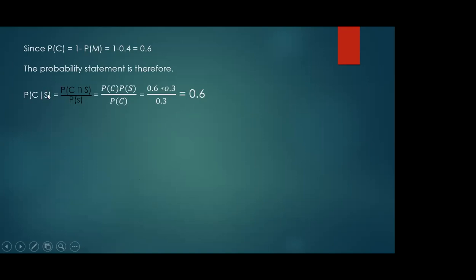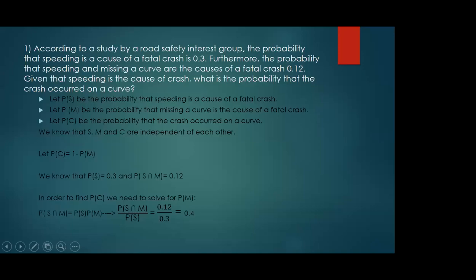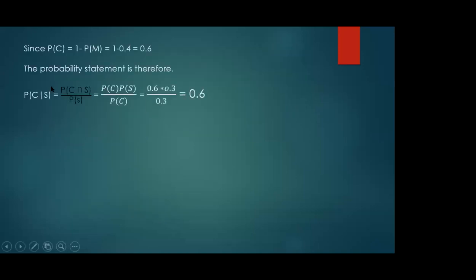Given that speeding is the cause of the crash, what is the probability that it happened on a curve? Remember that the only way the crash occurred on the curve in this statement is because the person was speeding.